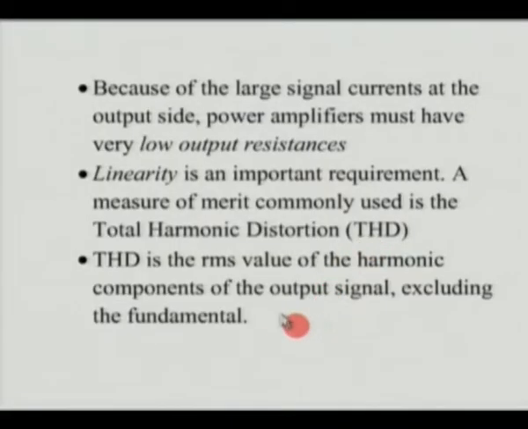So power amplifiers will always have some amount of THD as compared to normal small signal amplifiers. So we need to specify this. When you buy, say, a public address system, they would mention that the total harmonic distortion is so many dBs and so on. Now the THD, or the total harmonic distortion, is the RMS value of the harmonic components of the output signal excluding the fundamental.